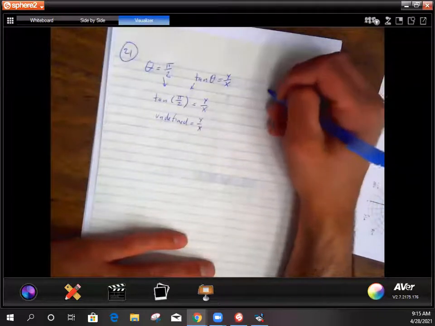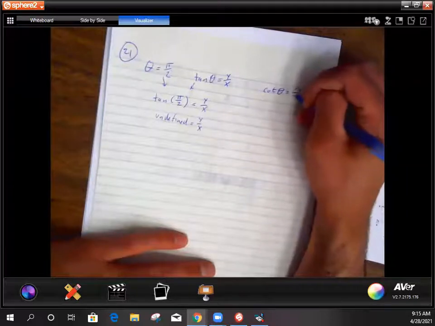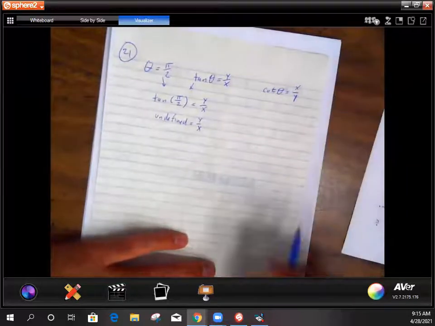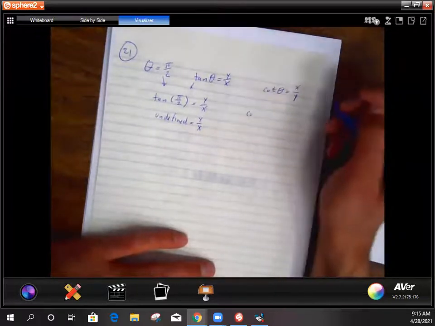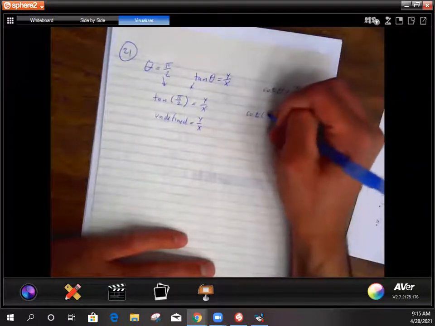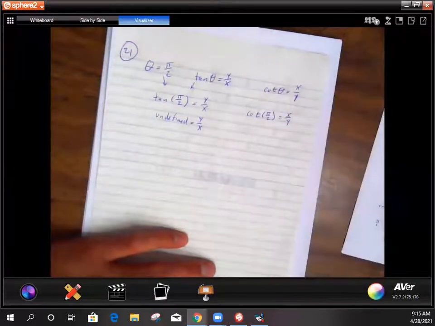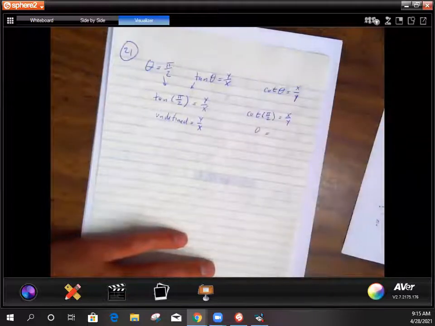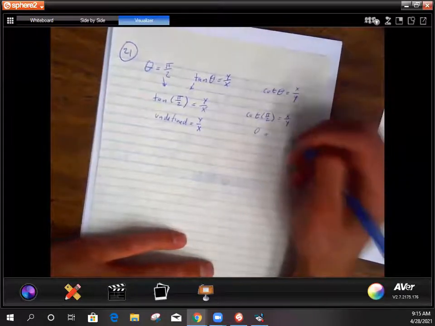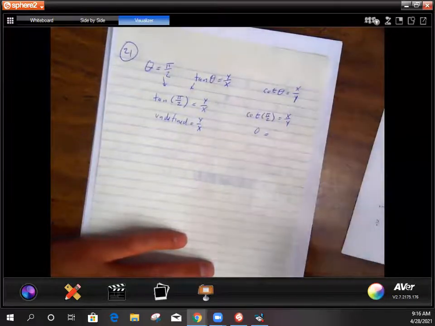But if we use the cotangent, the reciprocal is equal to x over y, which isn't in the notes, but it's just one extra step, then we could do the cotangent of pi over 2 is equal to x over y. And that's going to be 0. The cotangent of pi over 2 is 0 by, if you use like a unit circle, you'll see it's 0 over 1.